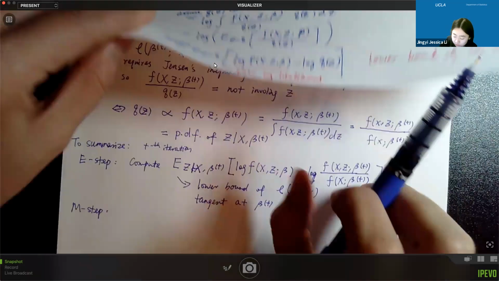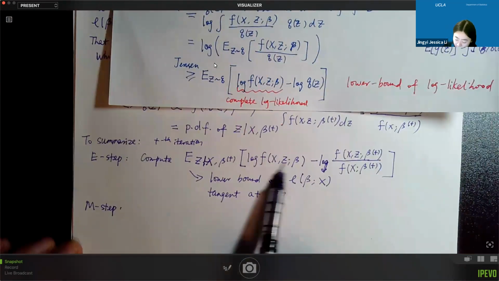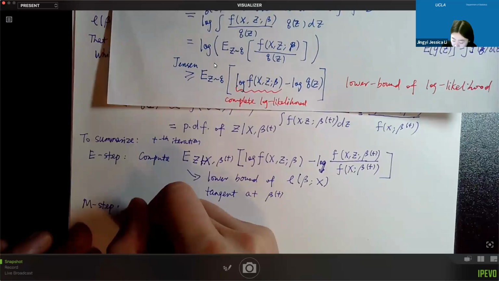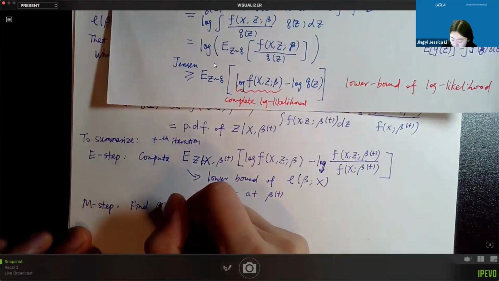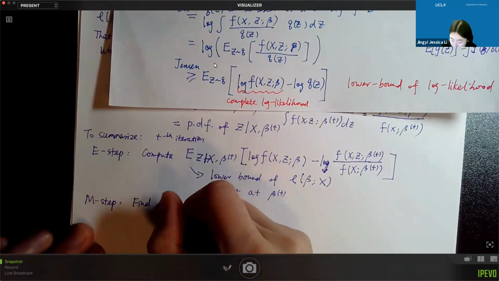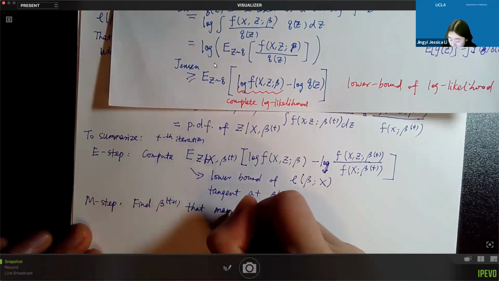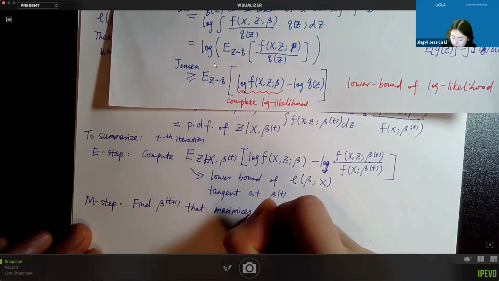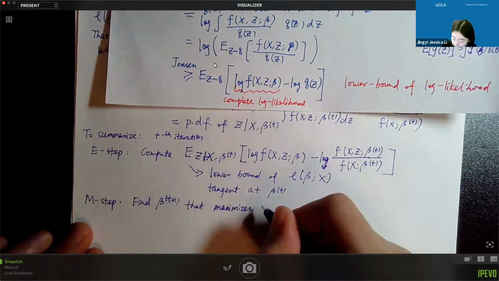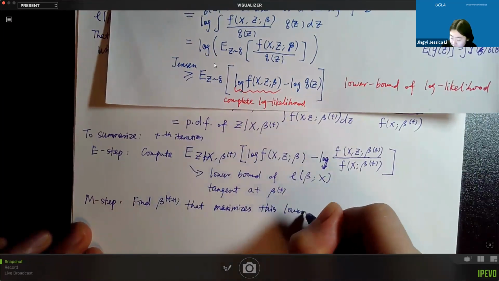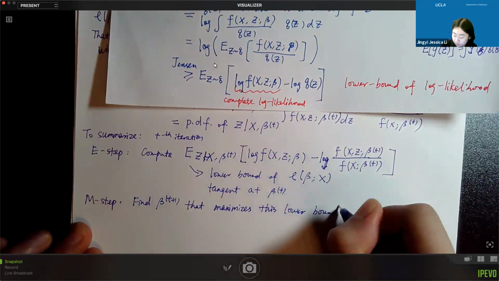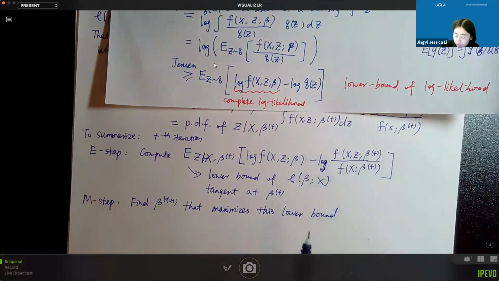Okay, in the M step, we are just going to apply this principle to maximize the lower bound G. So here we want to maximize this part. So find beta t plus 1 that maximizes this lower bound. That's how we are going to update the beta value to beta t plus 1. To maximize the lower bound, the only term that involves beta is the first term.